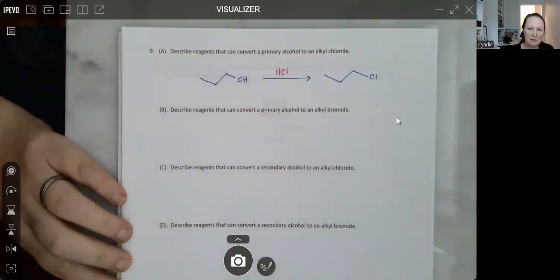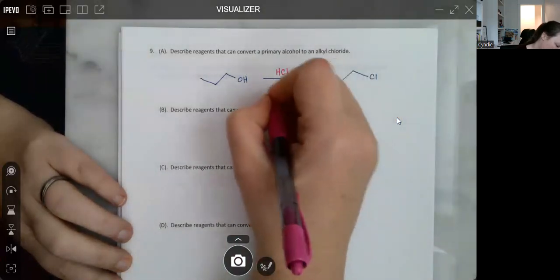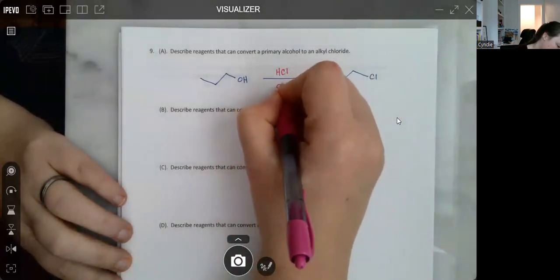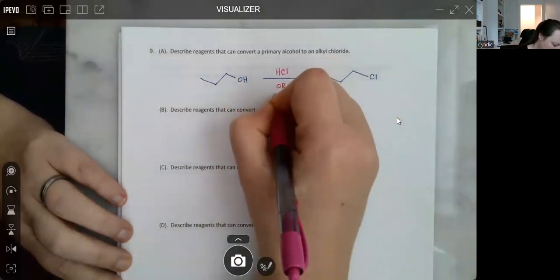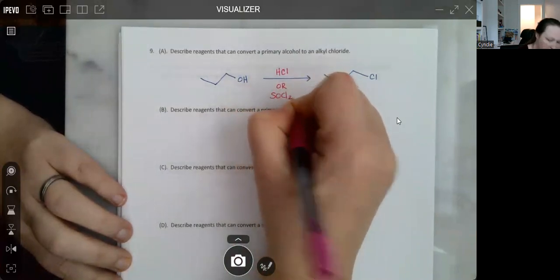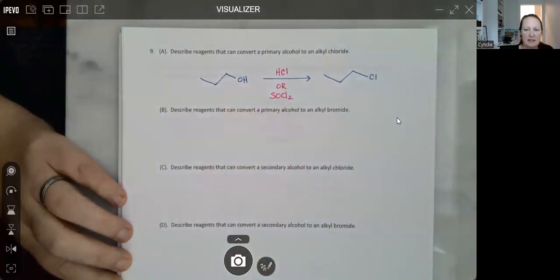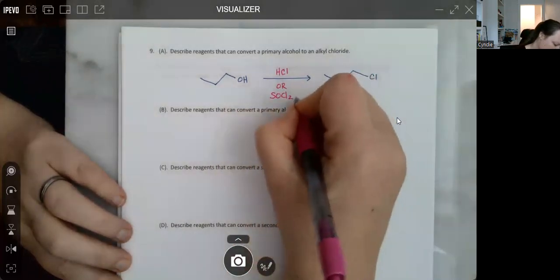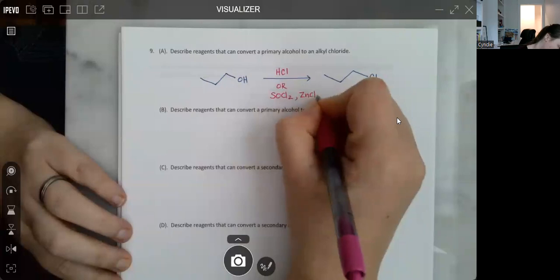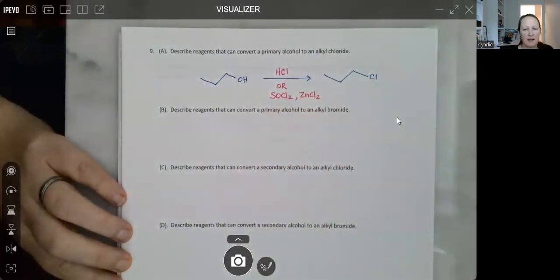You may have also seen in the book some alternative conditions, right? So we'll put in some alternatives. SOCl2 is one the book likes to use a lot. And I think they even give you another option of zinc chloride.